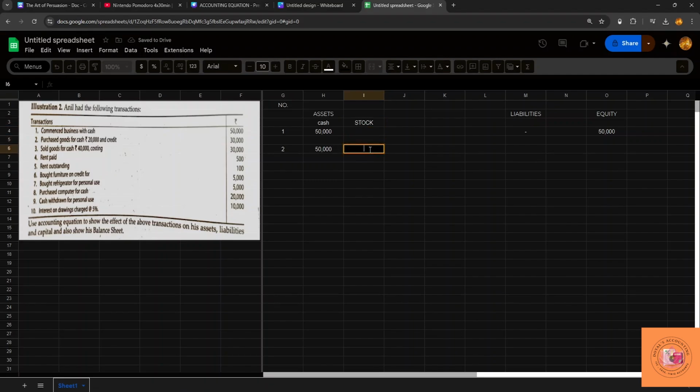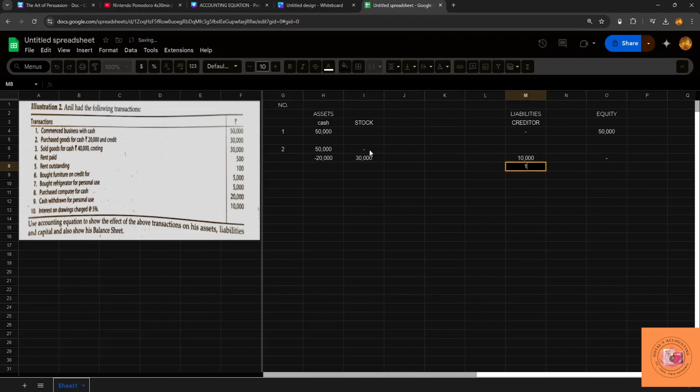So first we are going to do minus 20,000 because that is the amount of cash being paid. And to stock we will add 30,000. Since we have purchased on credit, we will have a creditor. So to the creditor, we owe rupees 10,000 and equity will remain untouched.